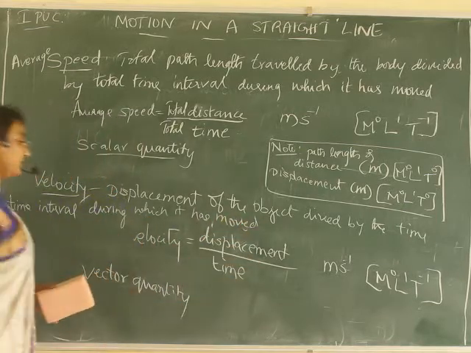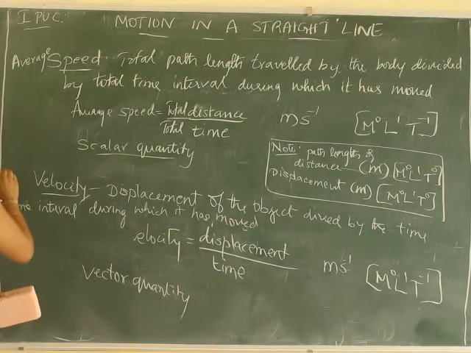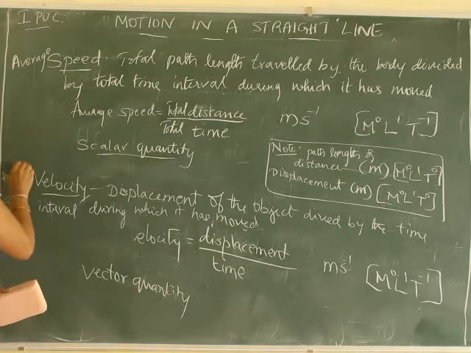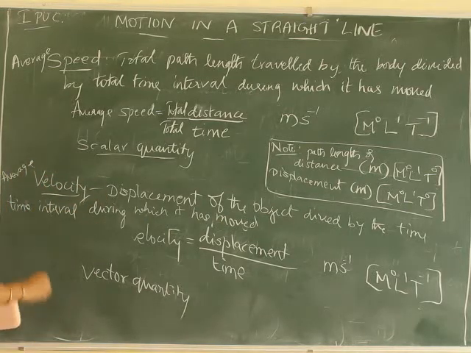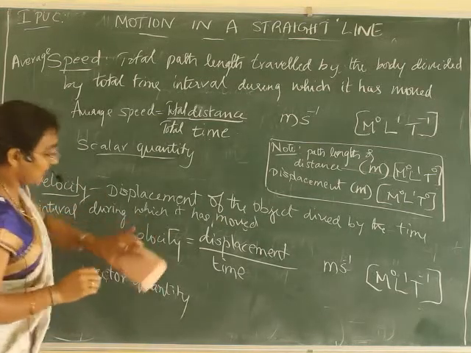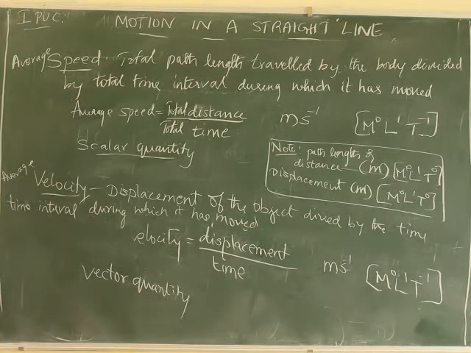This is nothing but velocity. So I can say average velocity is nothing but total displacement by total time taken.